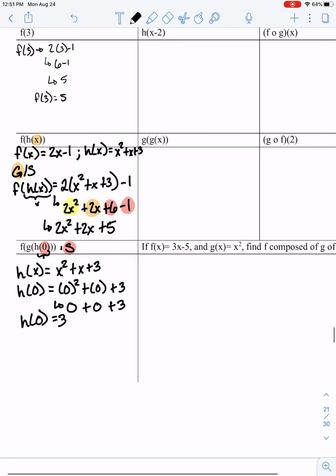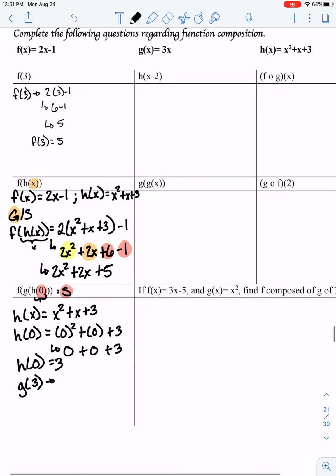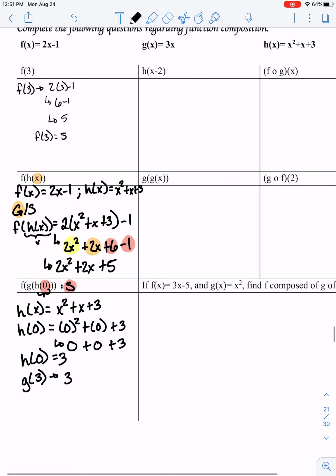I then take that h of 0, which is 3, and it's going to become g of 3. So I come up to the function g of x. So 3 times 3 is 9. So g of 3 is 9.